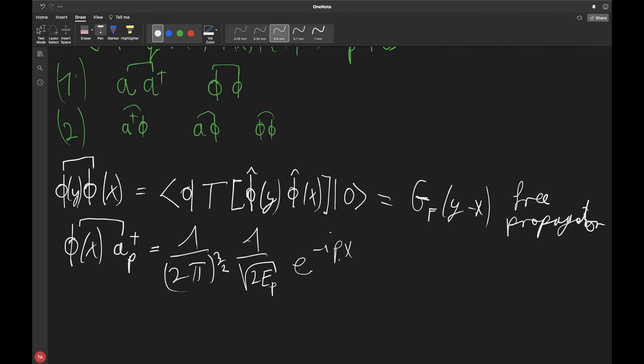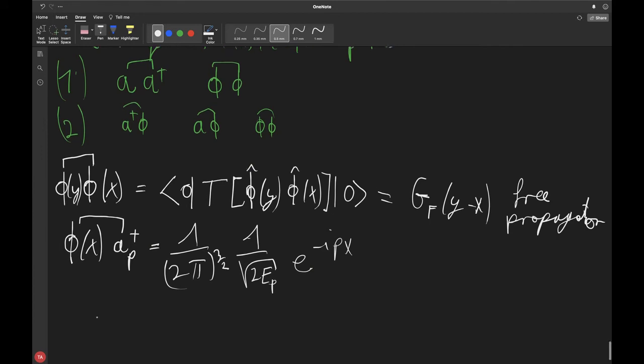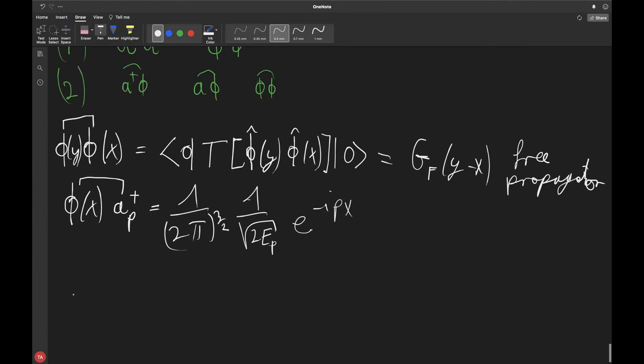Then we do the same thing with the annihilation operator. So we have a_q operator with the phi at x contracted.